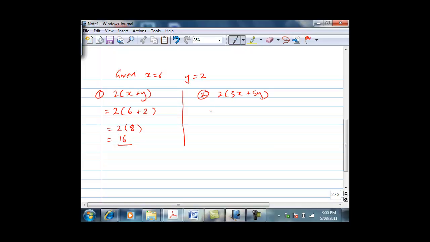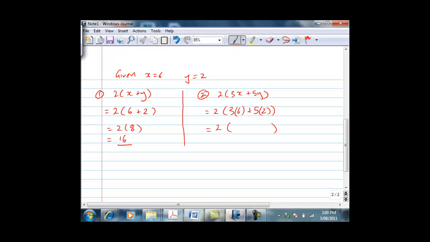Let's have a look at this one. Once again, start by substituting the values of x and y. X has got a value 6, y has got a value of 2. Let's do the brackets first.